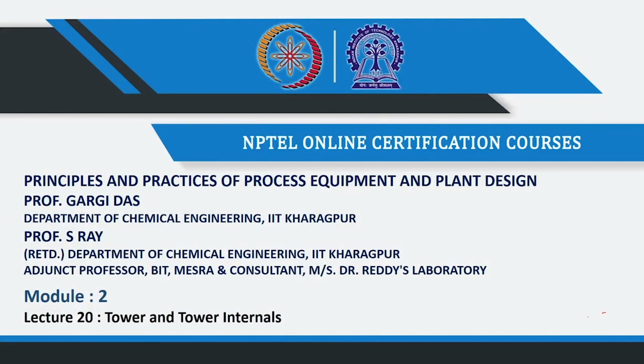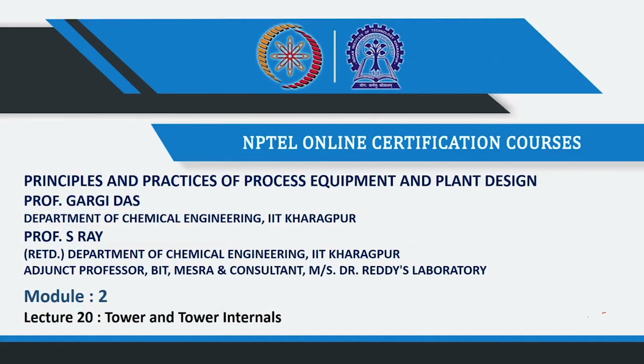Since we are focusing on the equilibrium-based approach, our approach so far has been to find out how many ideal stages are required for a particular separation. What we are going to discuss today is how to implement these stages in reality.